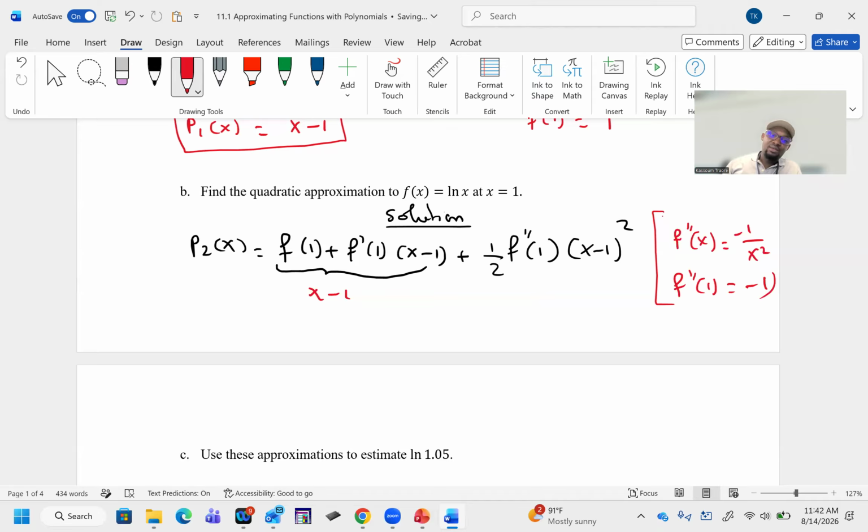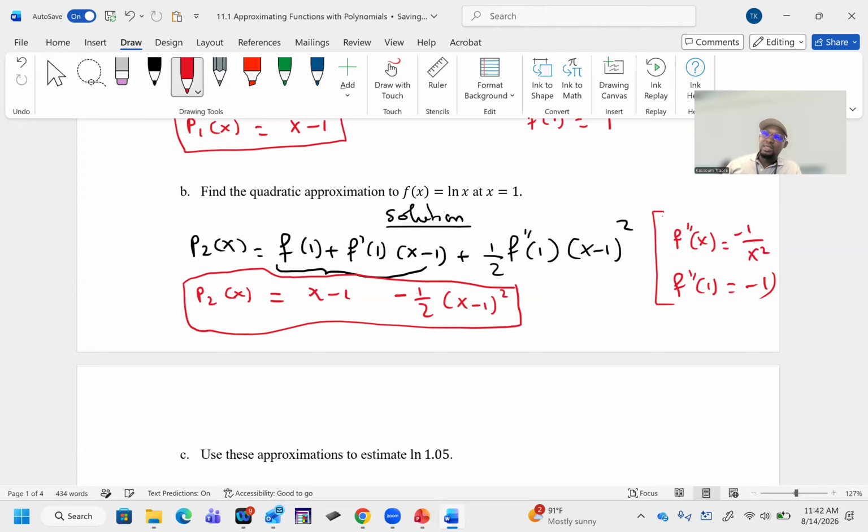So we will have P sub 2 of x equal to x minus 1, then minus 1/2 times x minus 1 squared. And that's it, right?